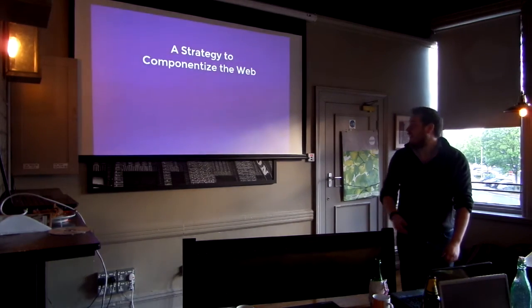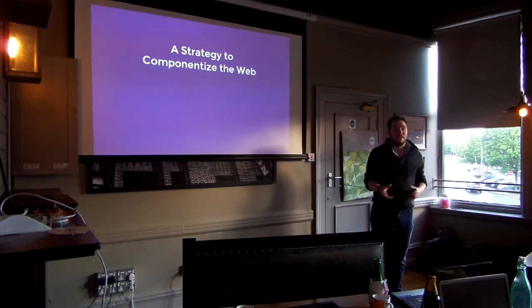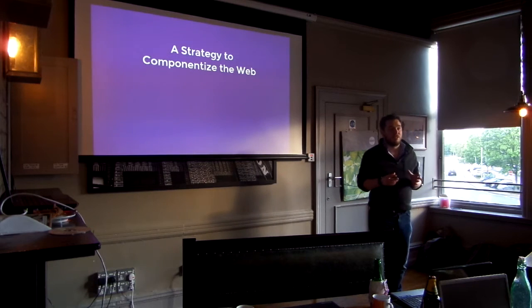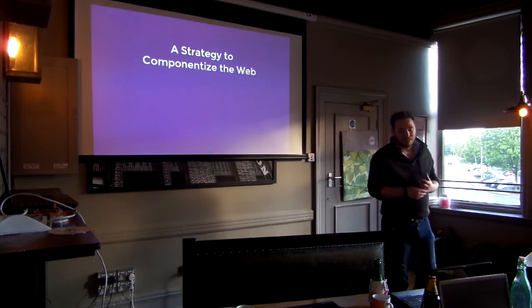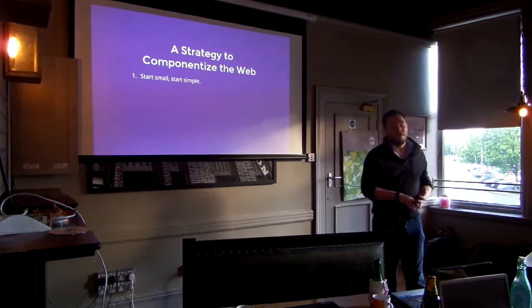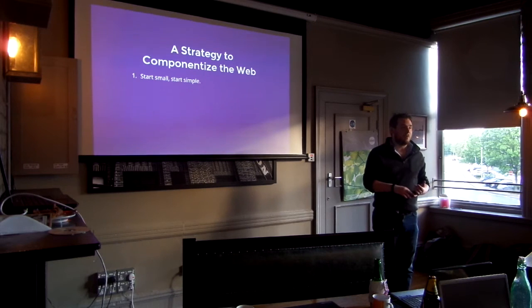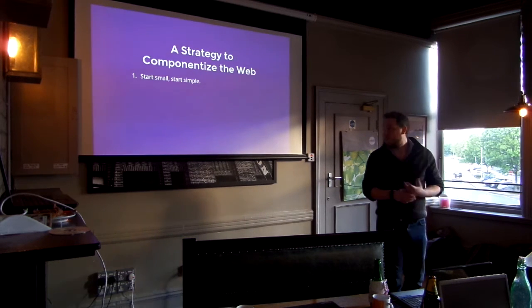So, if there's one thing I can do today, apart from show you all of this, it is give you a strategy about how to componentize your sites, your applications, new projects. A lot of this has been taken from research, experience, and also various blog posts by the Google team who have really been at the forefront of all of this.